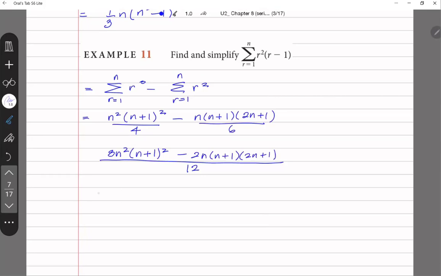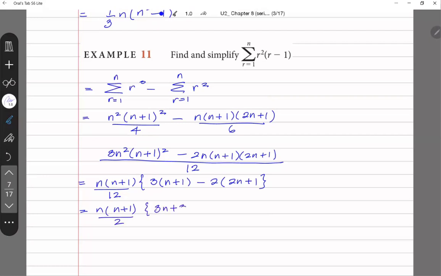So if we factor out n into n plus 1, we're going to end up with 3 into n plus 1 minus 2 into 2n plus 1, and this is over 12. This is n into n plus 1 over 12 into 3n plus 3.